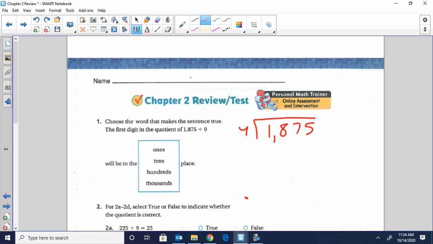We're going to divide this by 9. 9 will not go into 1, but 9 will go into 18 2 times. Because this 8 is in the hundreds place, the 2 is also in the hundreds place. So the first digit in our quotient will be in the hundreds place.